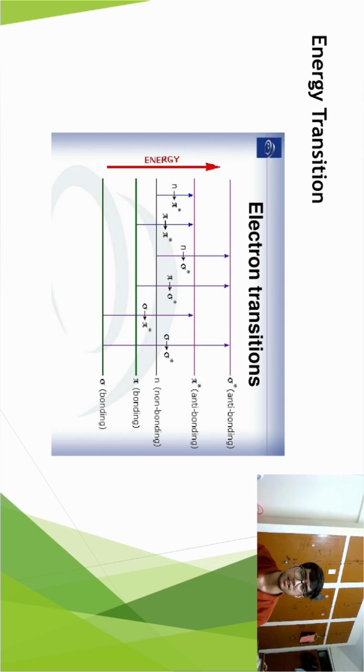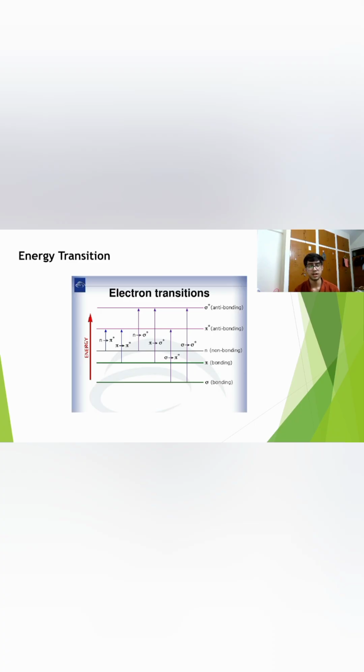From here, we can say that sigma to sigma star transition needs the highest energy. As we know, sigma bonds are highly stable, and the further required energies for the following transitions are n to sigma star, pi to pi star, and then n to pi star. Here, n represents the non-bonded electrons on a given atom.